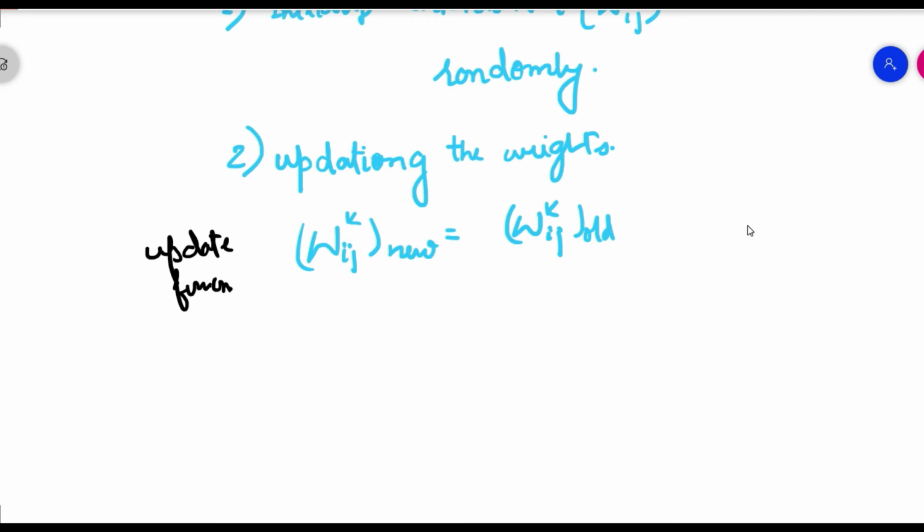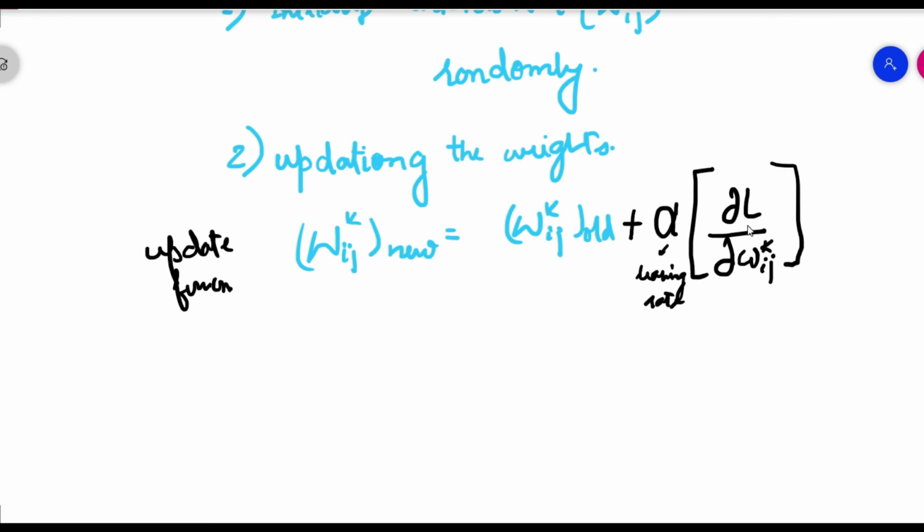W^k_ij new equals W^k_ij old plus, here I'm trying to differentiate the key action, the learning rate, times the derivative: the rate of change of our loss with respect to a specific weight at hand, evaluated at W^k_ij old. So this is your update function.